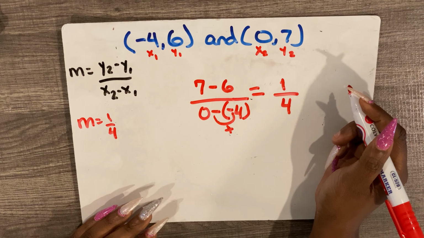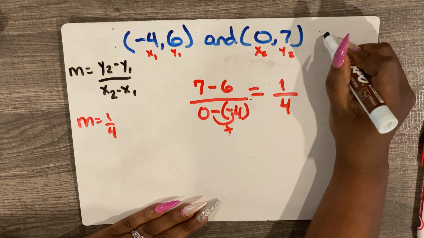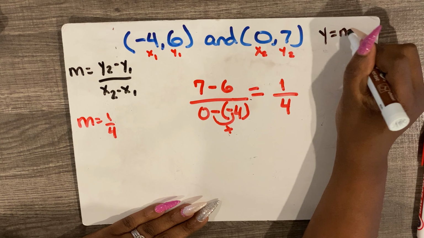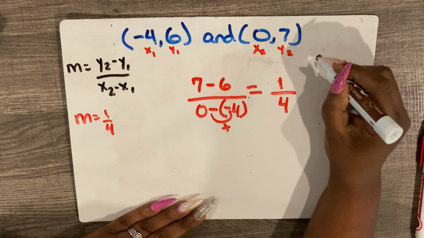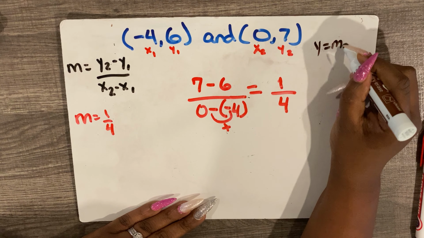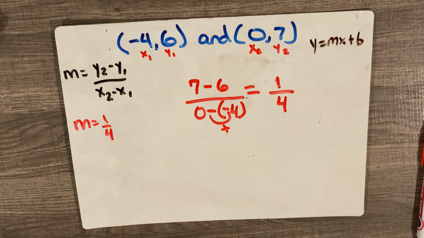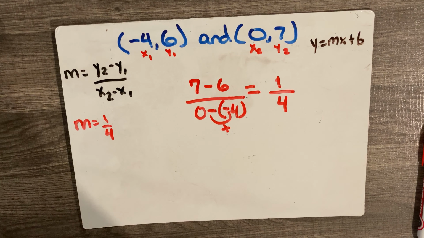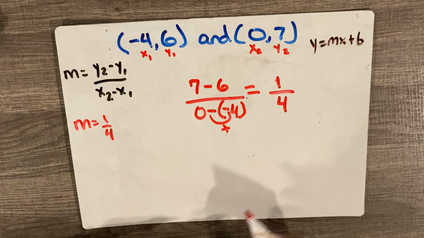I need to end up with the equation y equals mx plus b. So if I have to end up with y equals mx plus b, my equation has to look like that.